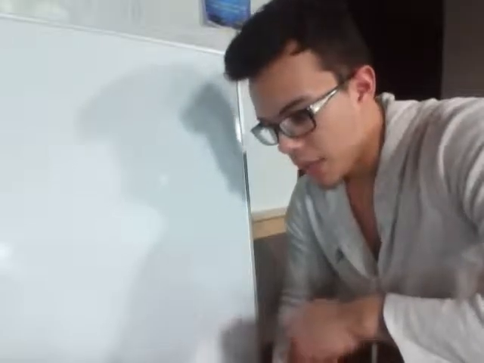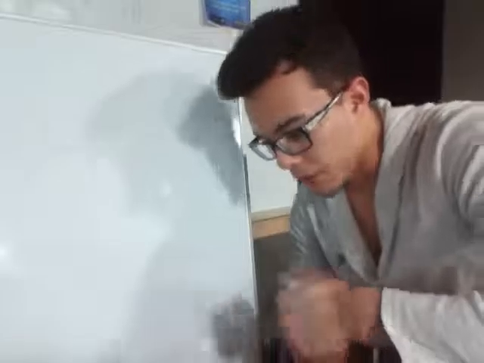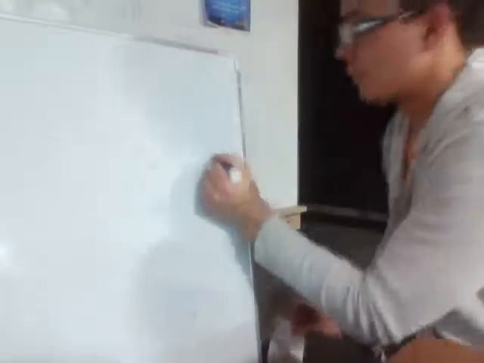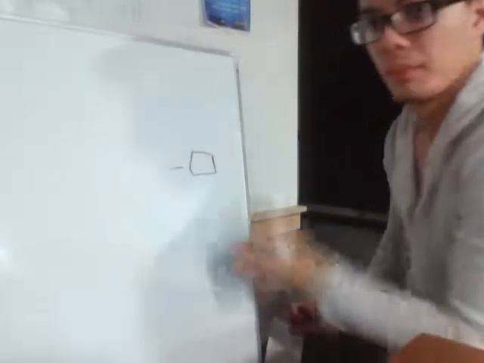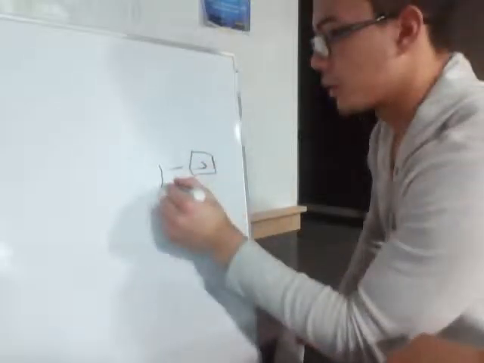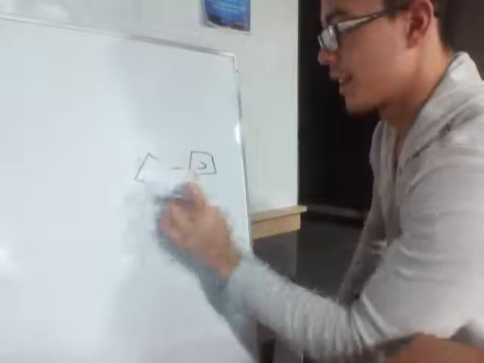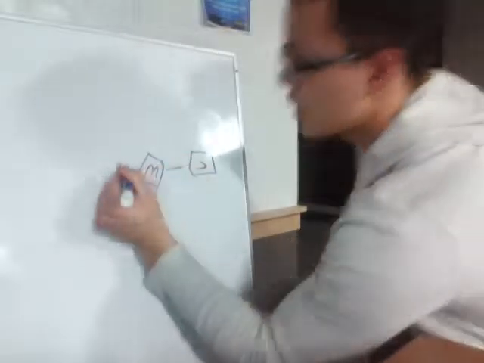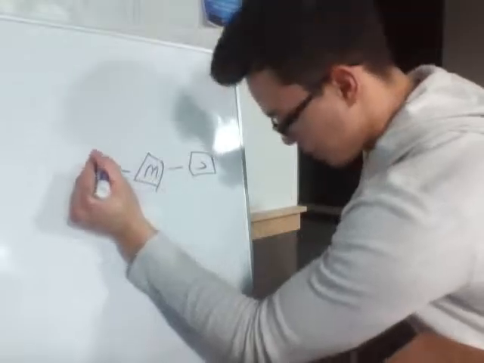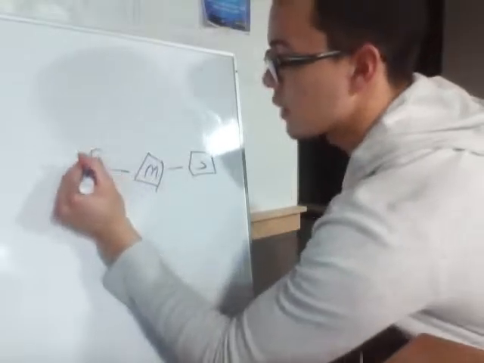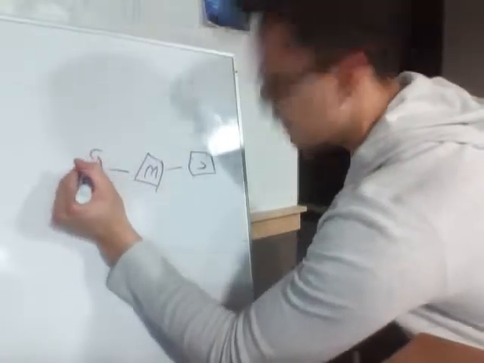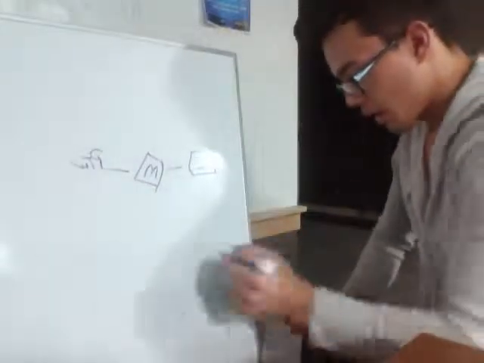So what exactly makes up the internet? So we have our computer right here, so I'll just put a C for computer. We have our modem right here, and for this I will put the acronym PTW, which is public telephone wire.